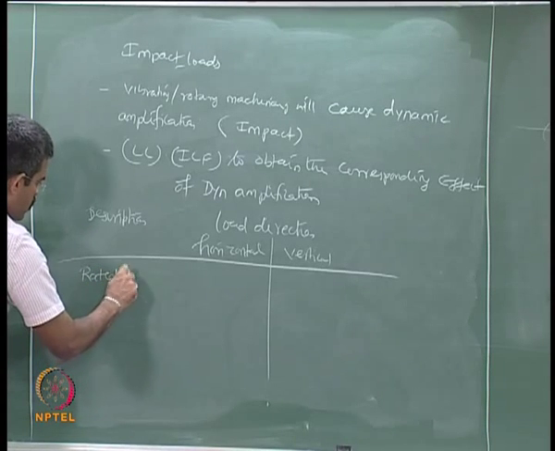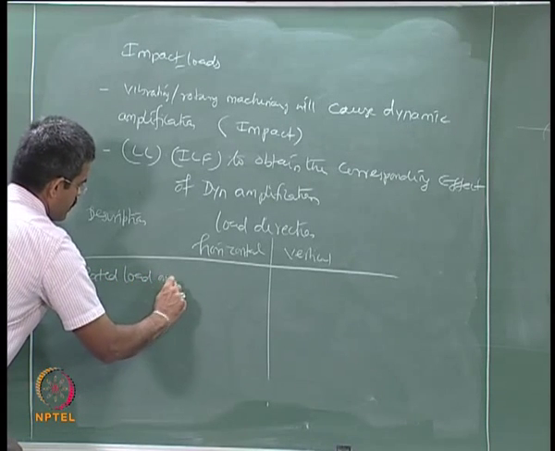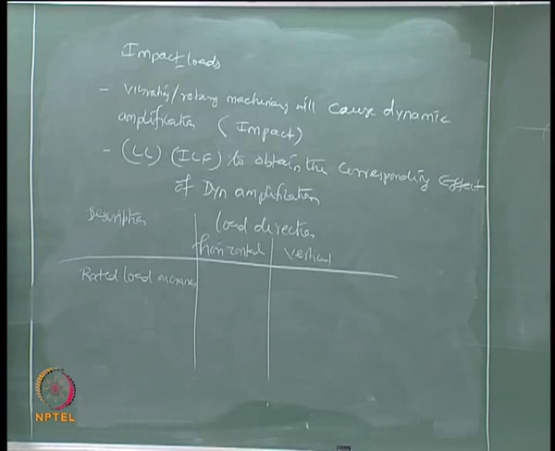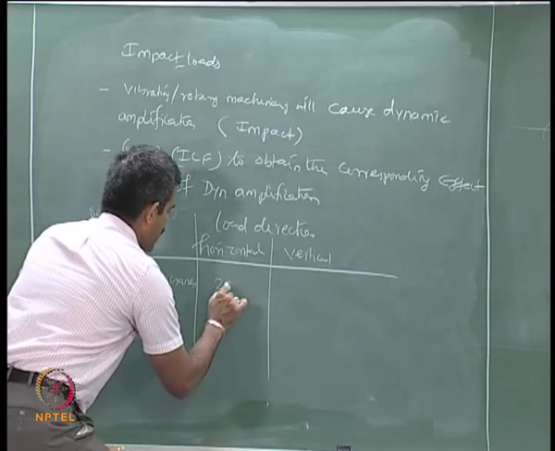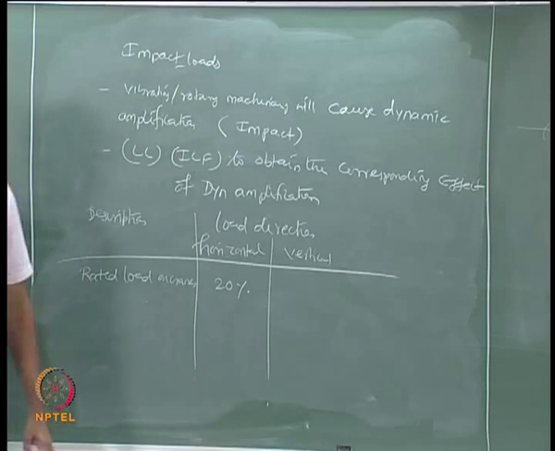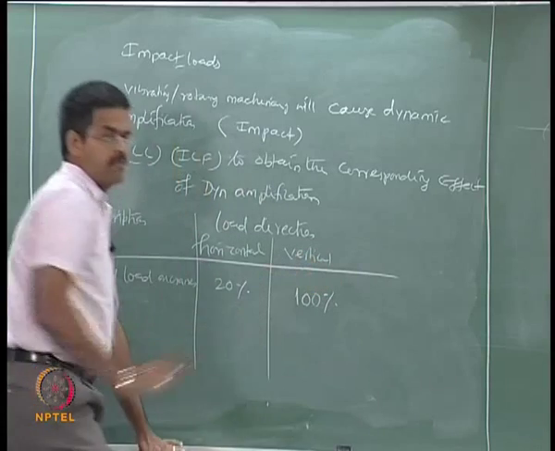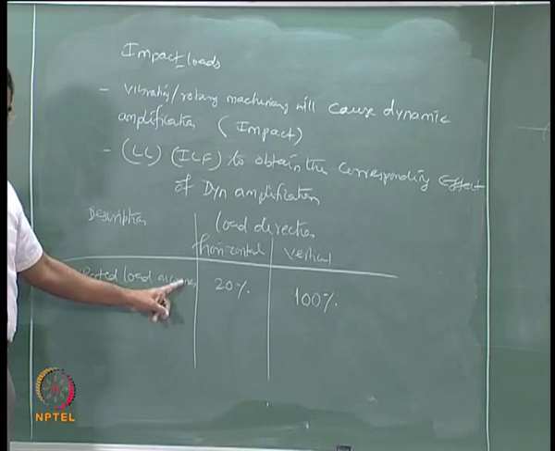If we have a rated load on cranes, for horizontal the impact is 20%, for vertical it is 100%. This is for the crane loads.